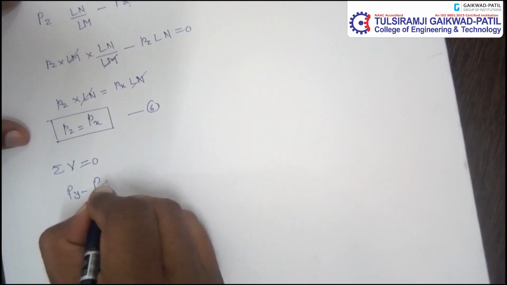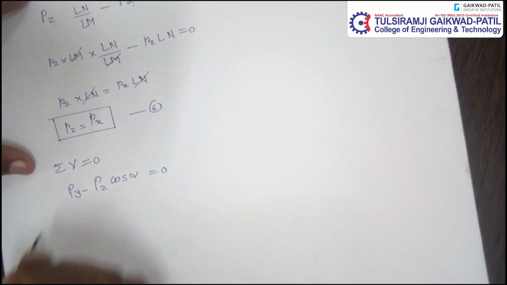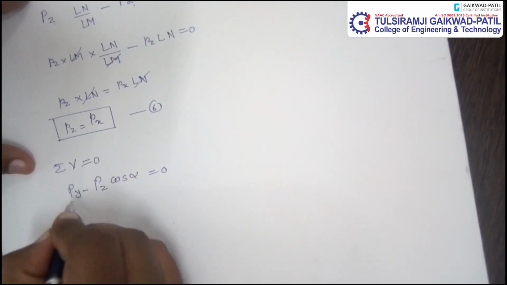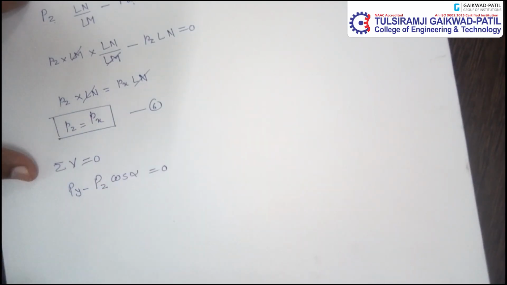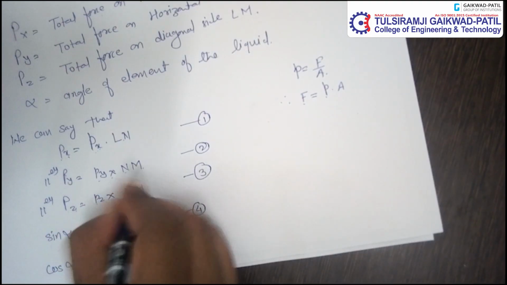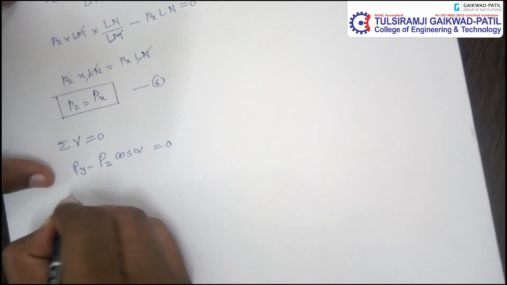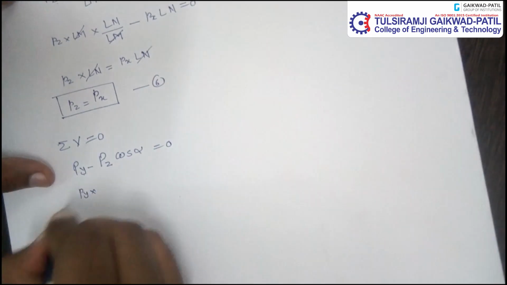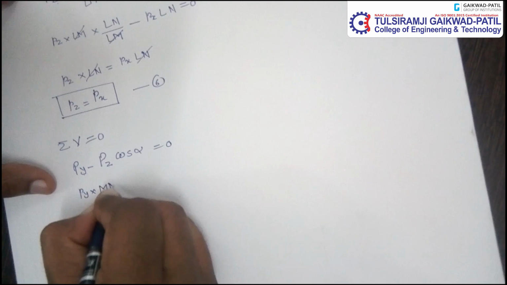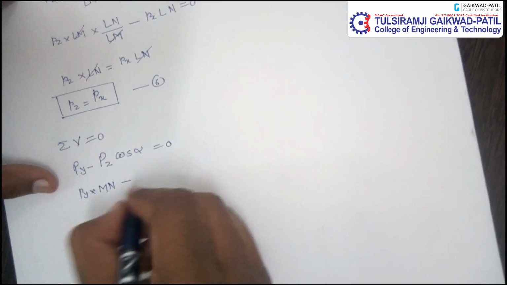So this is Pz cos alpha is equals to 0. Again, what is Py? This is capital Py and this is capital Pz. So what is capital Py? Capital Py is small py into NM. Therefore, small py into MN minus what is Pz?